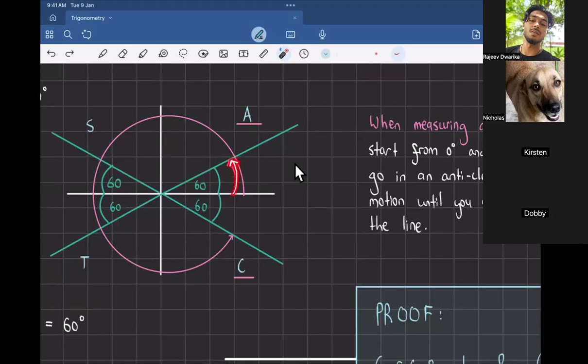What angle did that measure? So that measures 60 degrees. Because this is the 60, it measures 60 degrees. Now, that's the answer in the first quadrant.